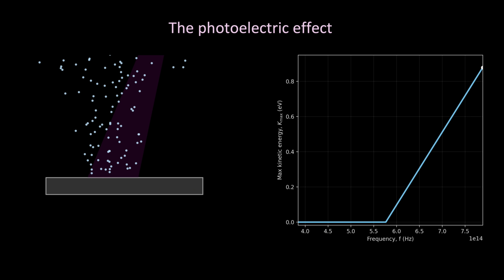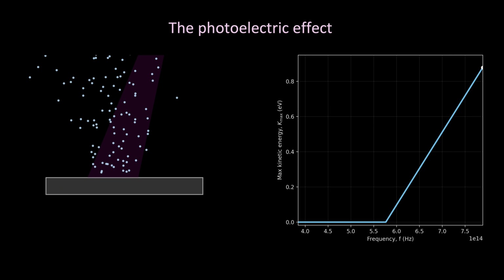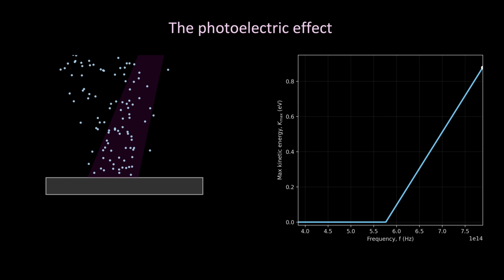But here's the point: below the threshold, no electrons are emitted at all, no matter how long you wait or how intense the light. And that is the startling thing. The threshold cannot be brute forced by brightness. If the frequency is below the threshold, then no matter how intense the light, not a single electron is emitted.